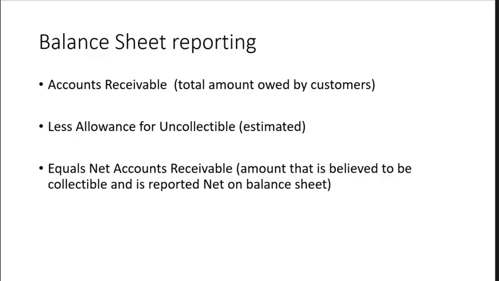So that's what you actually believe you're going to collect, right? Total owed minus the allowance equals your net accounts receivable. And that's reported, and you'll see the term net almost always on the balance sheet in describing accounts receivable, for that very reason. That is the number that GAAP says we have to tell the readers of financial statements.